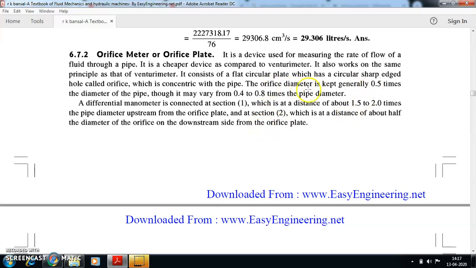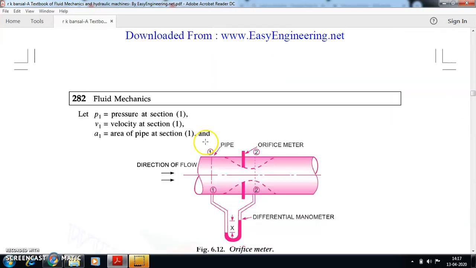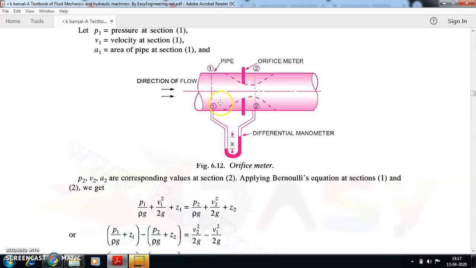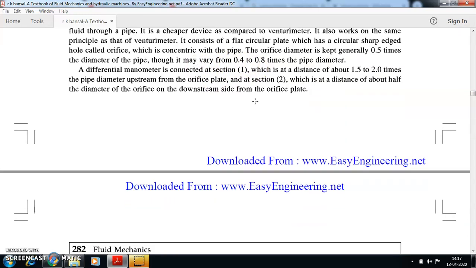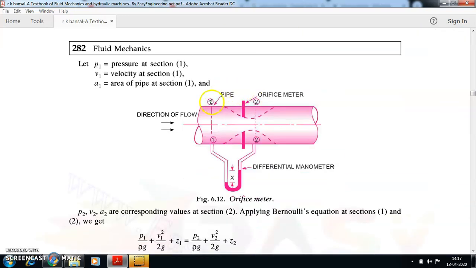The orifice diameter is 0.5 times that of the pipe, approximately half, or it may vary from 0.4 to 0.8. We are going to take a section 1 which is around 1 to 2 times the diameter of the pipe, and that section 1 will be connected to a manometer.